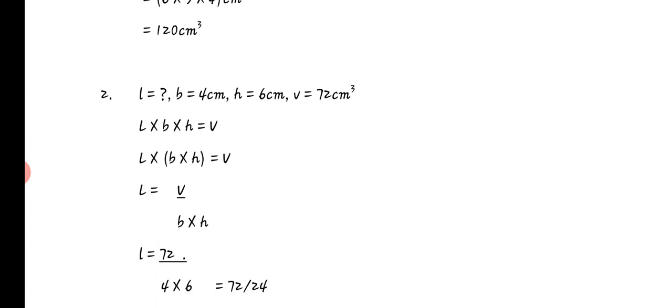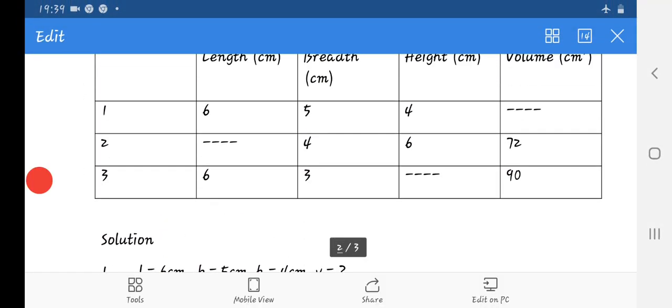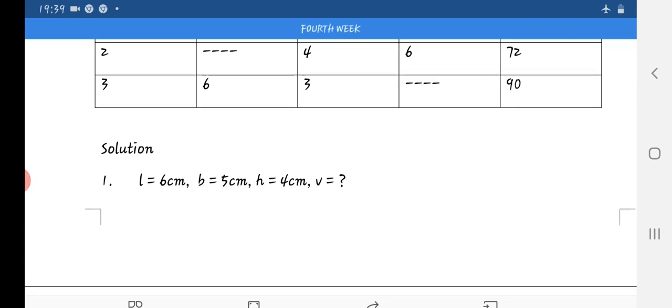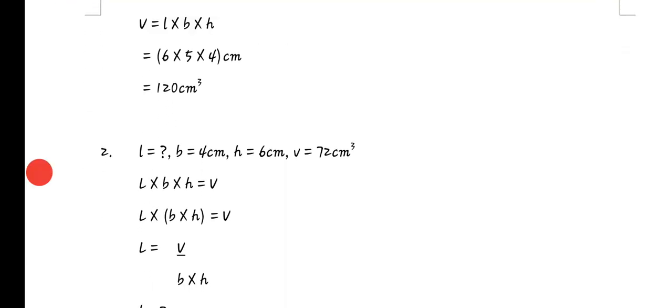For number 2, we don't know the length. We know breadth, height, and volume. What are we going to do? You turn it to an equation, changing the subject of the formula. Length times breadth times height is equal to volume. Since we are looking for the length, we know breadth, we know height, we know volume.